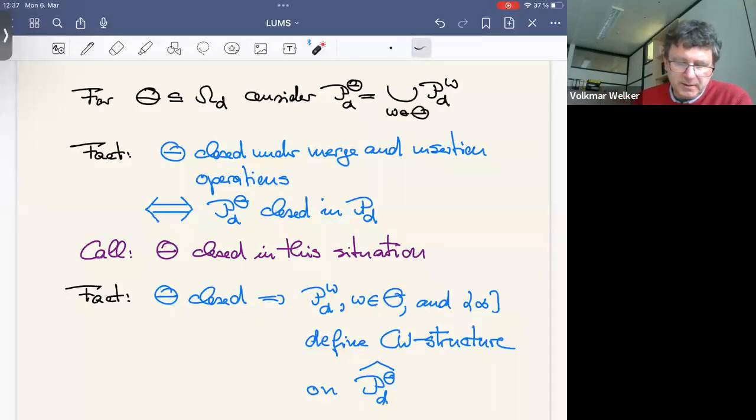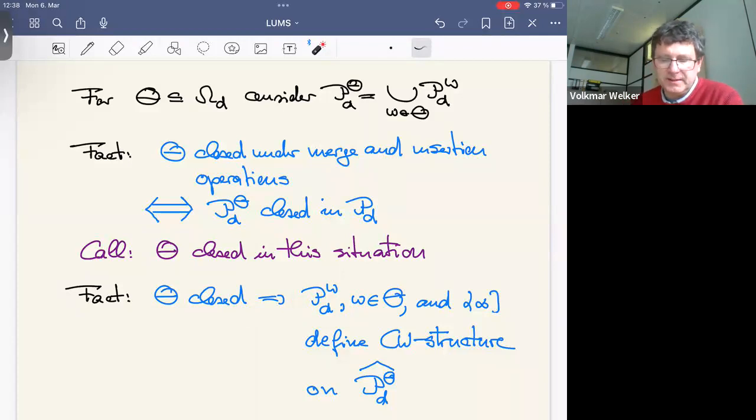So in the case theta is closed, these cells for the omega in theta and my infinity again define a CW structure on my PD theta. And since I have closed theta under merge and insertion operations, the cellular differential is just the one I inherited from the cell decomposition of the sphere.